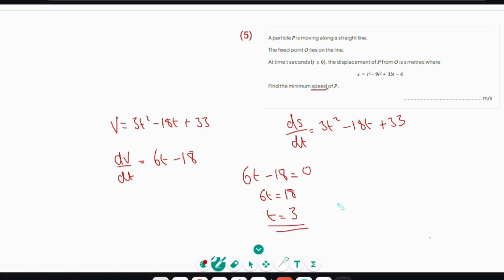So we know the minimum speed occurs when t is equal to 3. Let's substitute t equals 3 into our speed formula, which is here. That gives us our velocity, or speed, is 6.